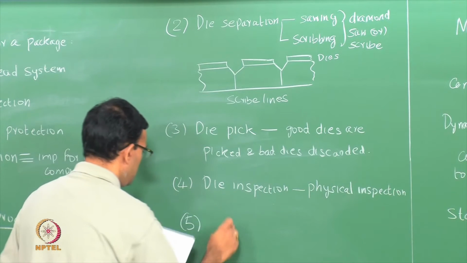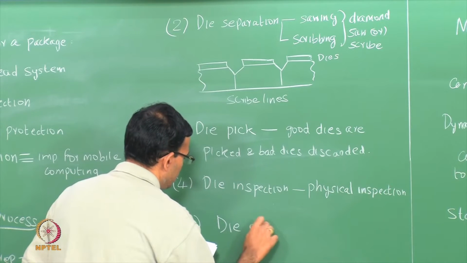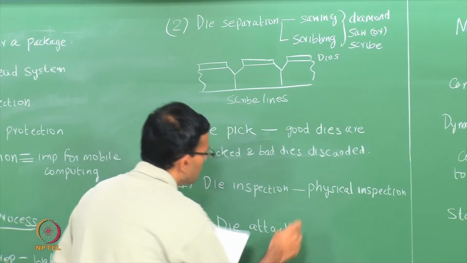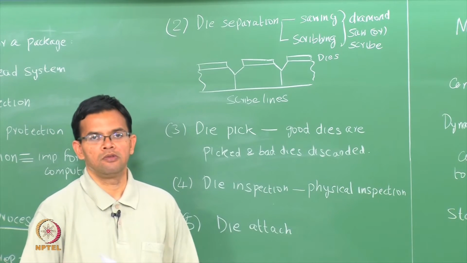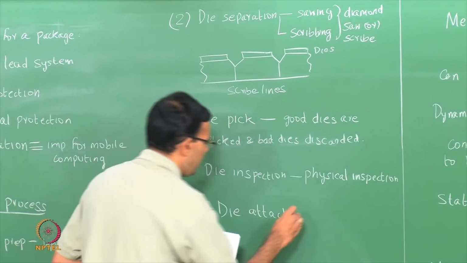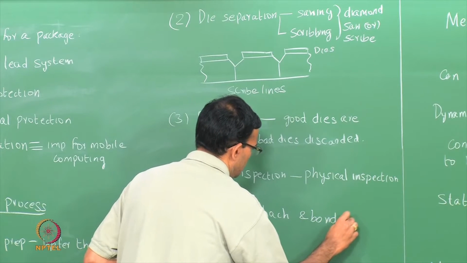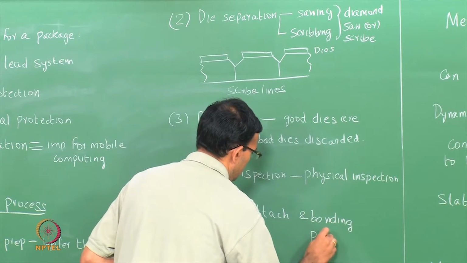The next process is the die attach process, because the die has now to be integrated along with your chip. So, you have a die attach and then a bonding process.